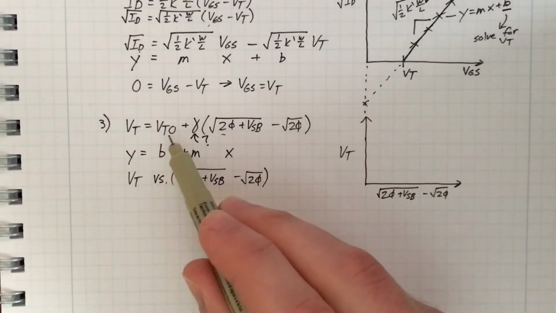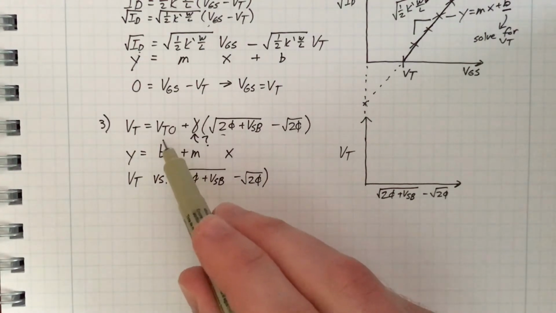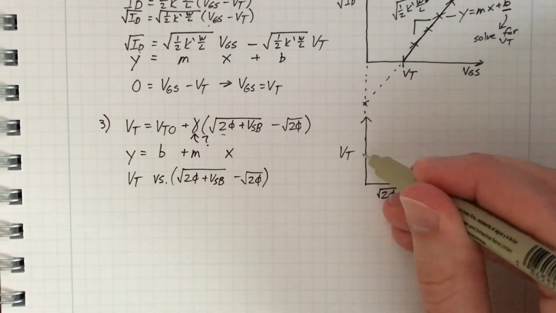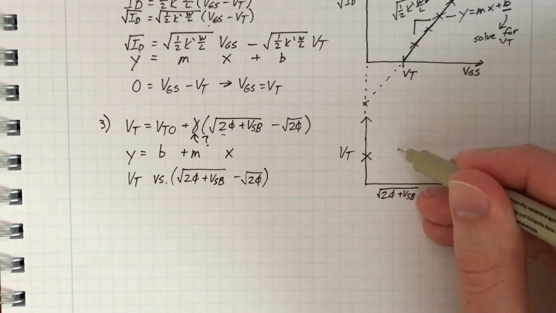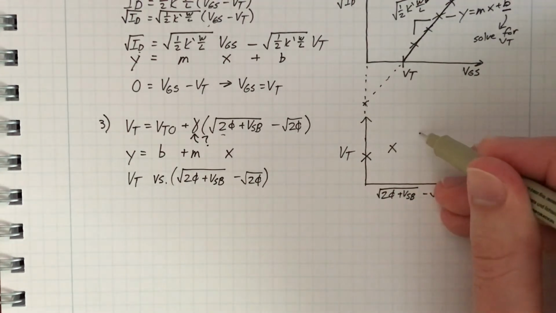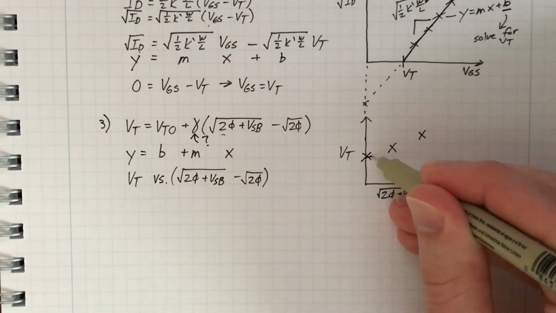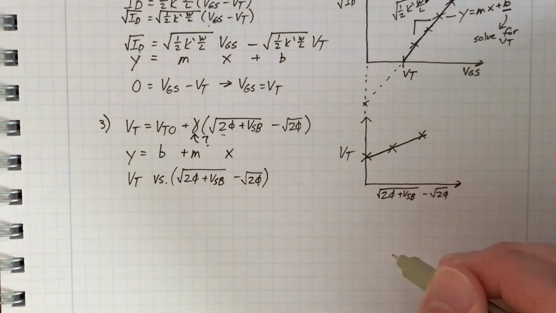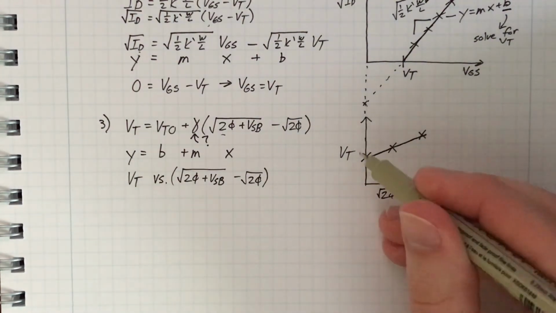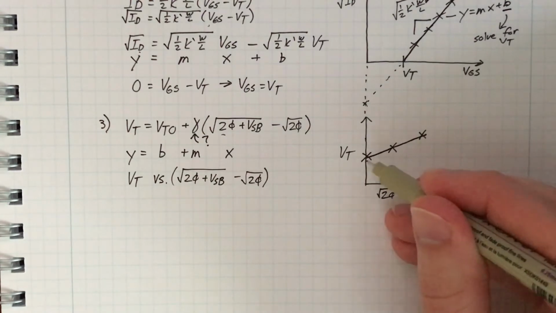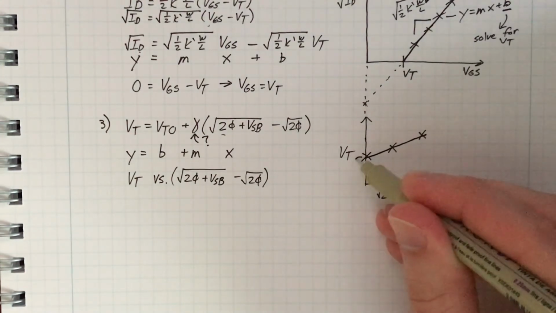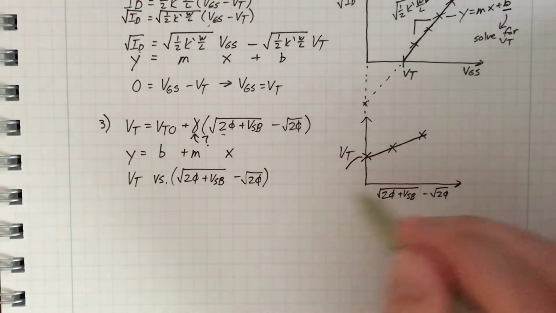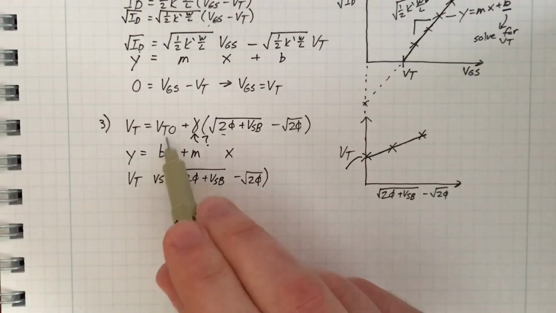And our offset's going to be VTO, which is a positive quantity as well. So we'll have 3 data points like this, positive slope. If you connect those 3 points, the y-intercept here corresponds to B, which is VTO.